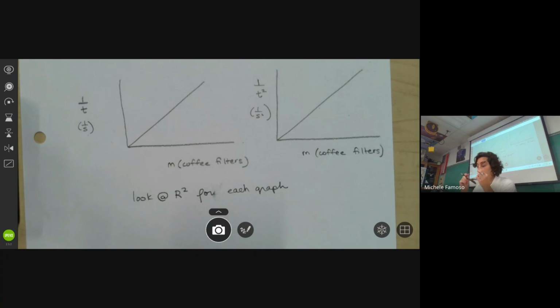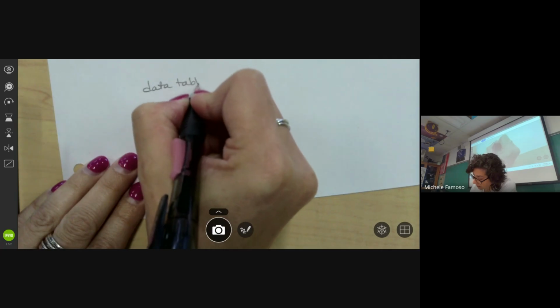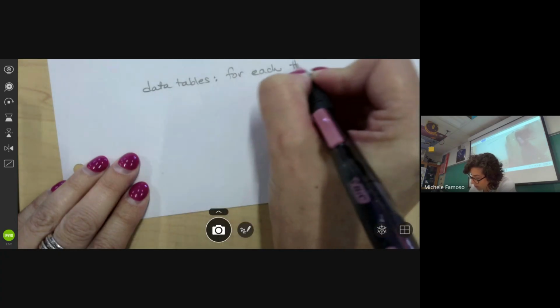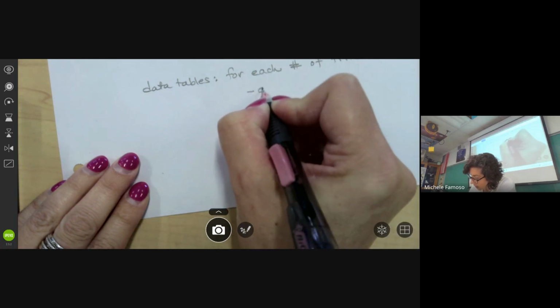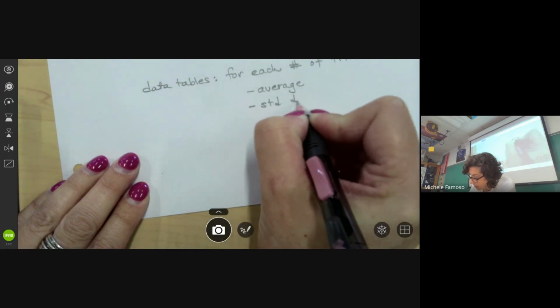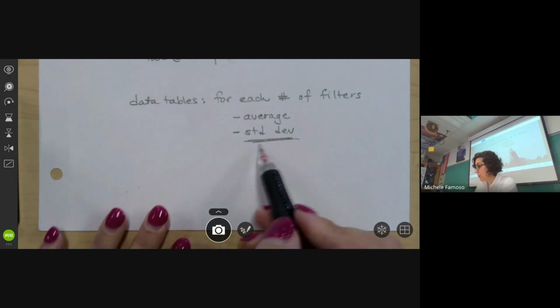Make sure that with your data tables, for each number of filters, you include an average at the bottom of your chart and a standard deviation, because confidence is going to come from this standard deviation. Remember, every lab conclusion should talk about the confidence you have in the data you collected. That comes from your standard deviation.